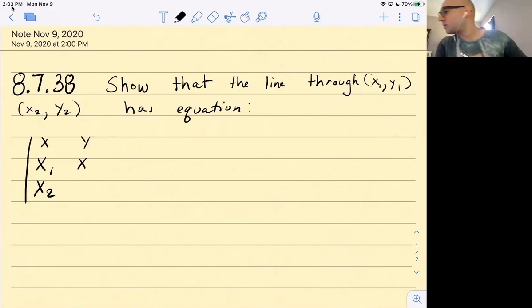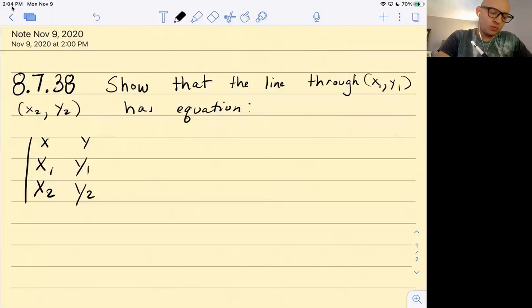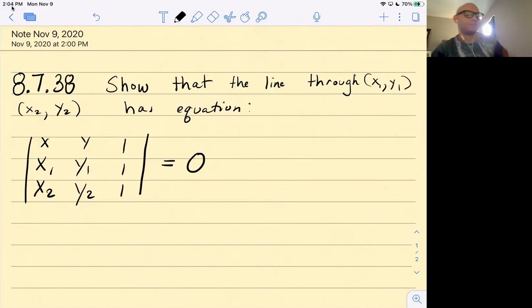And then we're going to do it another way. Let me think here.